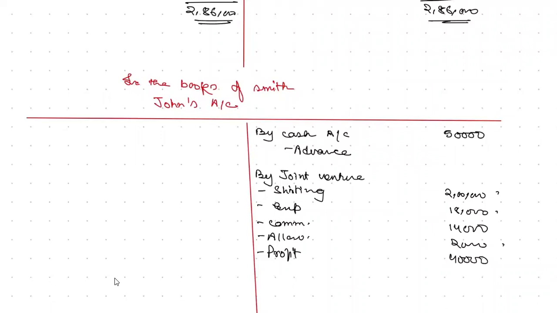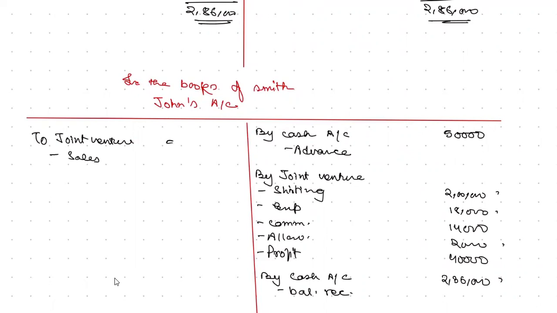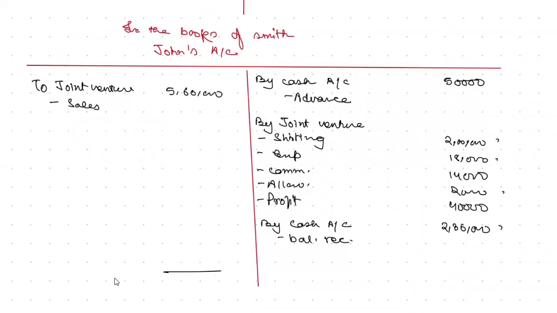He has also received cash. So by cash account, balance received 2,36,000. And here he has done sales of 5,60,000. Is it matching? If it matches, fine; if not, we'll have to spend time on it again. Check and tell me.